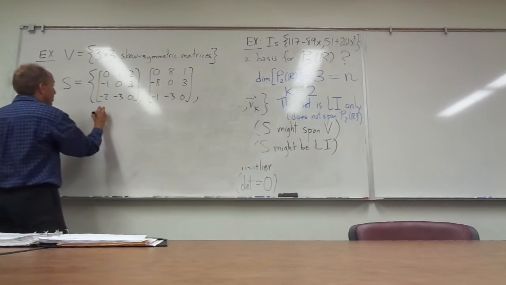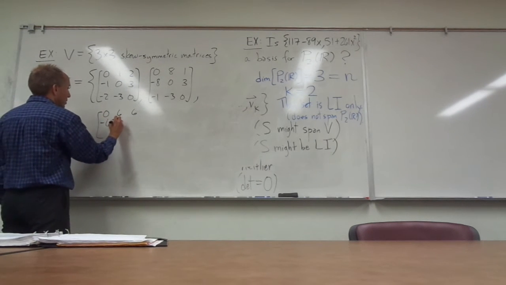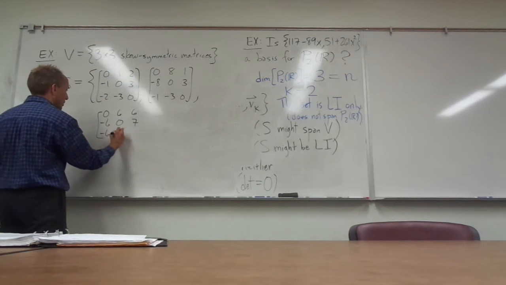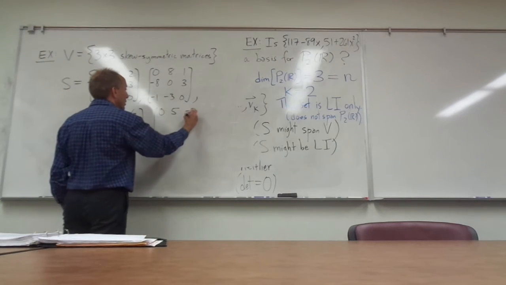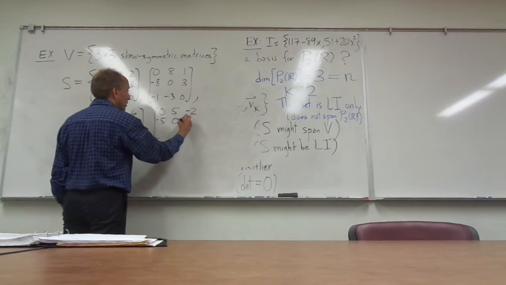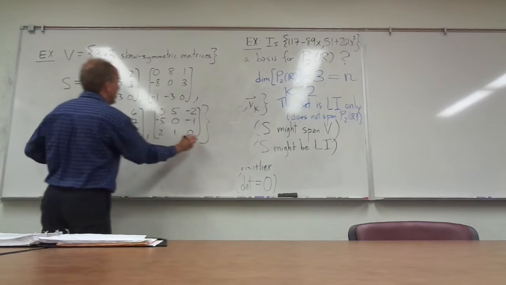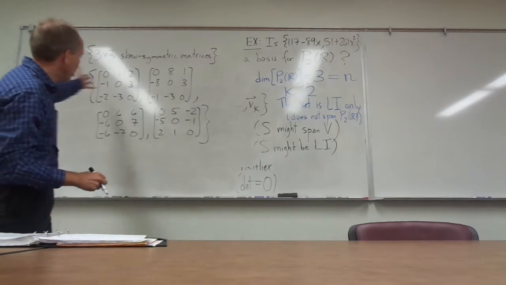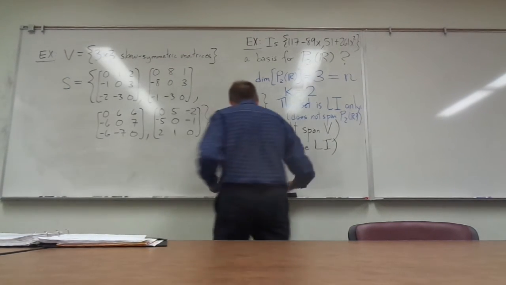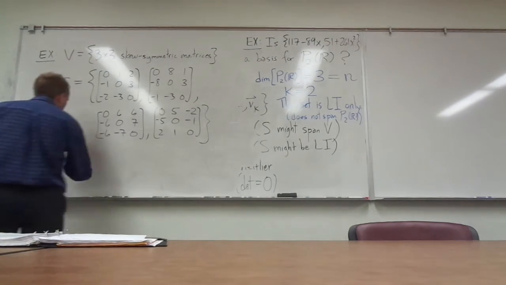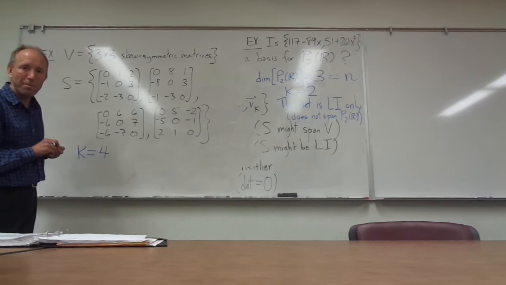Let me make another one. Something like this. And I'll make another one. So there is a set of skew-symmetric matrices. You'll notice the form right off the bat. It's pretty obvious that I have k equals 4 here. I have written down 4 skew-symmetric matrices.